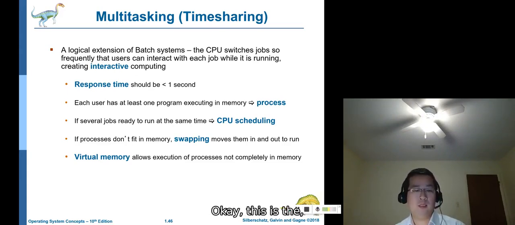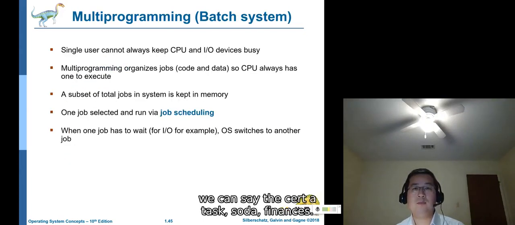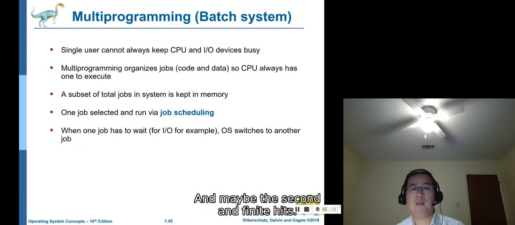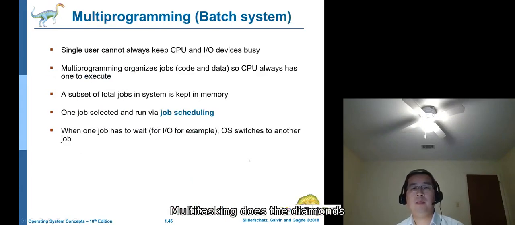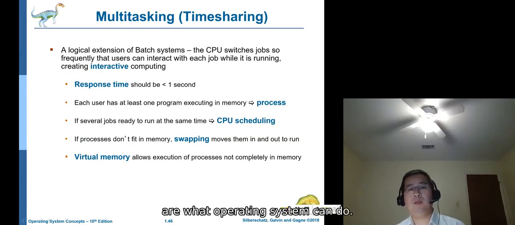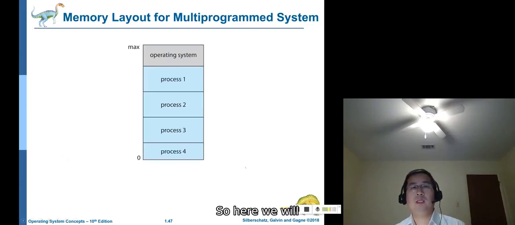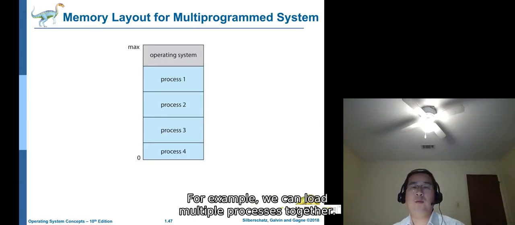Okay, this is the third functionality, or maybe the second. This one is introduction, this is multi-programming, multitasking. That means what the operating system can do. It can do CPU scheduling. So here we look at one example. We can load multiple processes together with the operating system.